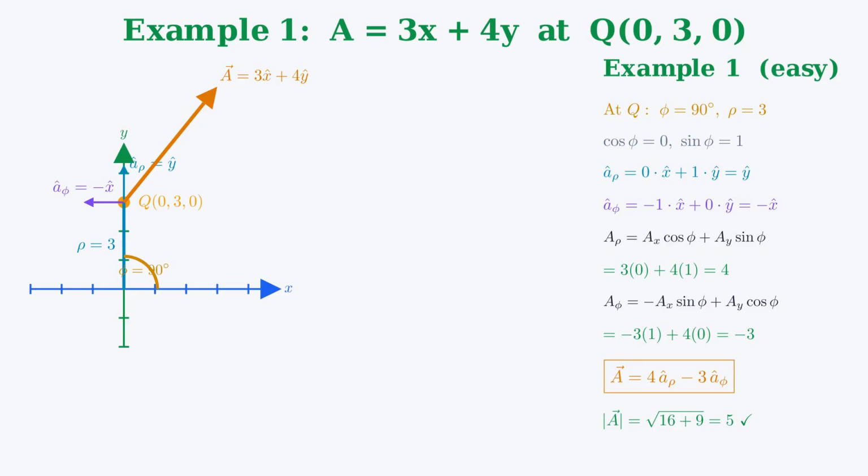Az is 0. So in cylindrical, A equals 4 a rho minus 3 a phi. The magnitude check. Square root of 16 plus 9 equals 5. Back in Cartesian, square root of 9 plus 16 also equals 5. Match. The vector didn't change. We just rewrote it in a different basis.